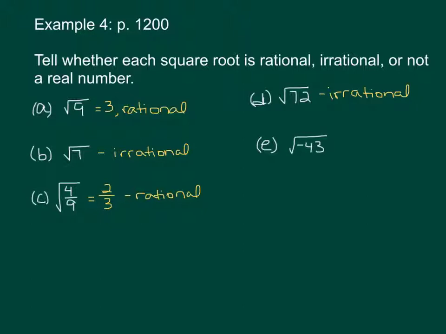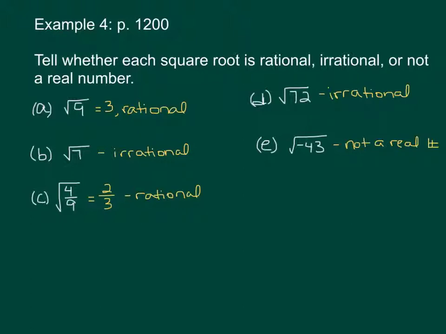And then E, the square root of negative 43, well, you can't have a negative under the radical, so that's not a real number. And the reason you can't have a negative under the radical is because square root means if you have a number times itself, it gives you that.